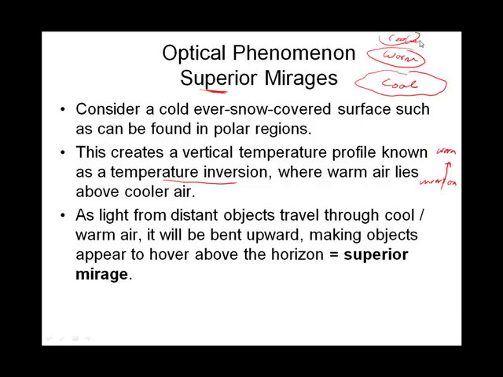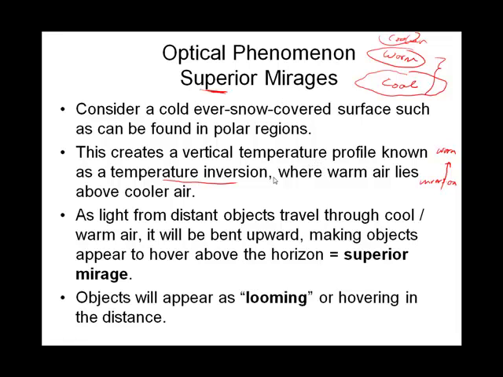The presence of this sort of situation is what bends the light, refracts the light, and makes these objects appear to hover above the horizon. So objects in a superior mirage will appear to hover or loom above the horizon.